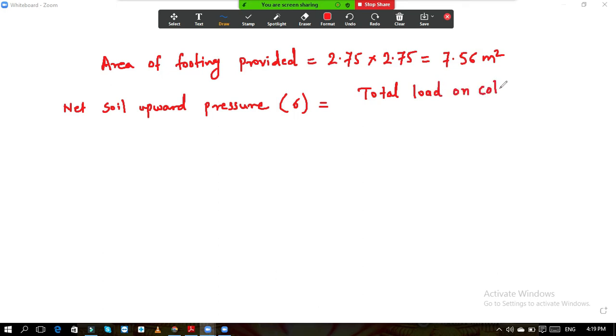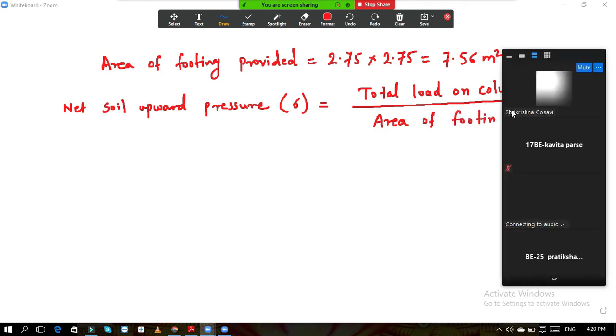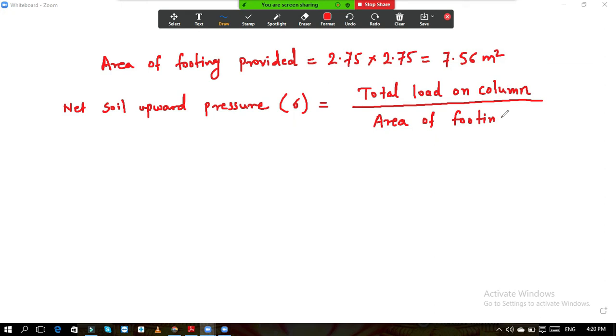I am saying total load on column. This "on column" is the most important word. Total load on column divided by area of footing.